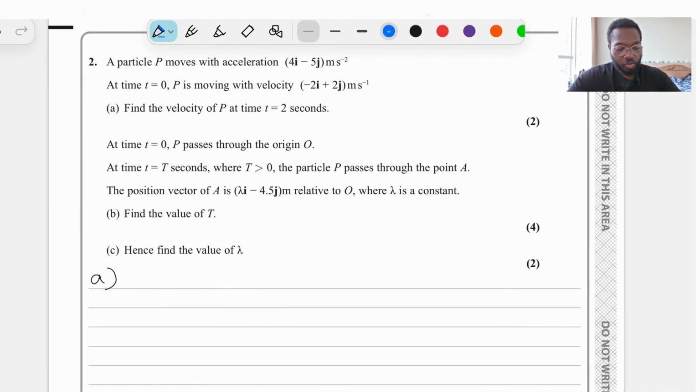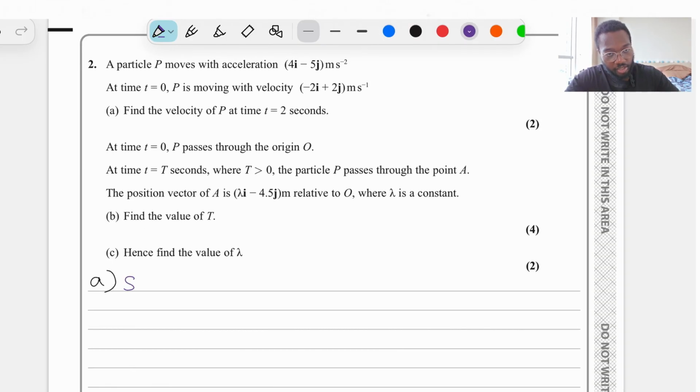So for question 2, we have a particle P. It moves with acceleration 4i minus 5j meters per second squared. At time t equals 0, it's moving with velocity minus 2i plus 2j meters per second. And we need to find the velocity at time t equals 2 seconds. This is a nice SUVAT question with vectors. So what do we know? Well, our s value we can leave as s, because they haven't told us that.